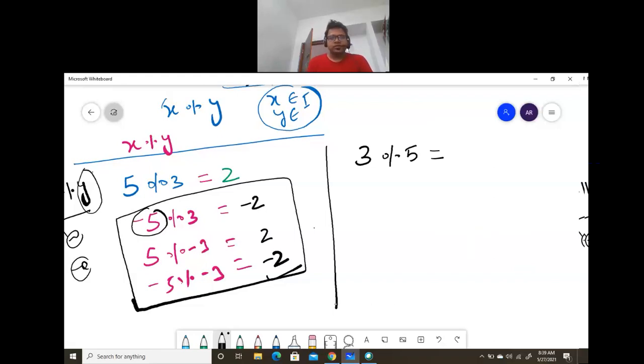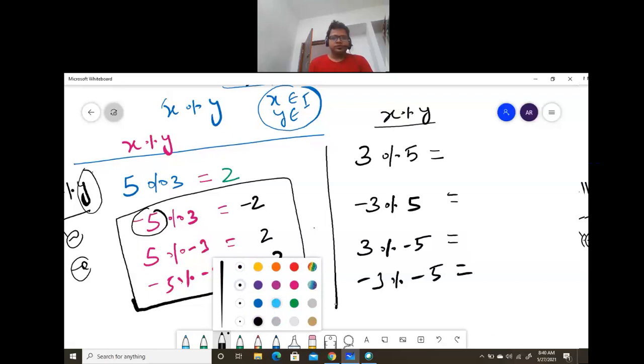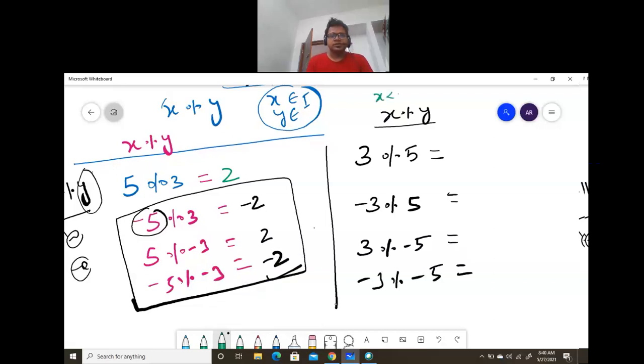We are writing all the permutations and combinations of x modulus y. The remaining possibilities are this, and minus 3 modulus minus 5, right? What will be the answer for that? In this case x is less than y.